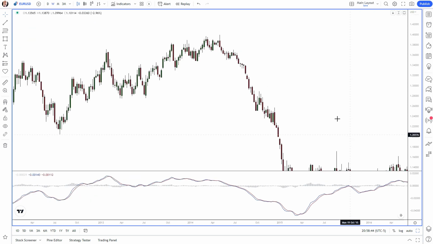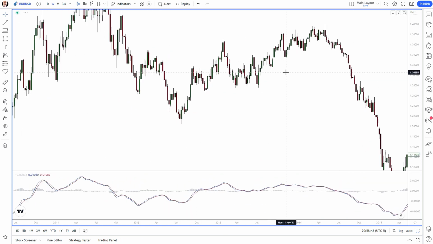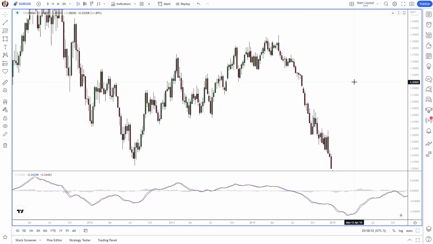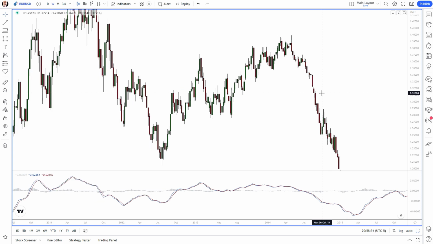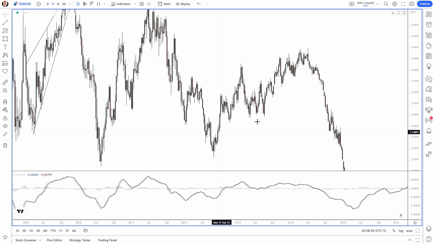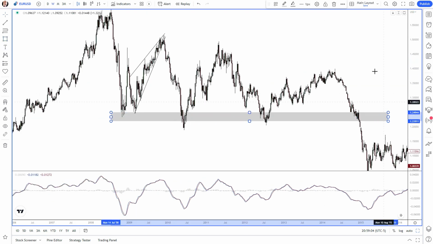And you can see all the way back here. Now I don't remember exactly what my target was, but I think it was somewhere down here because this was a major level if we looked all the way back in this zone, right?